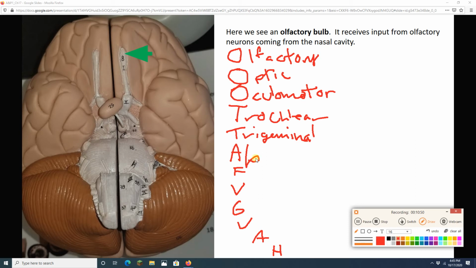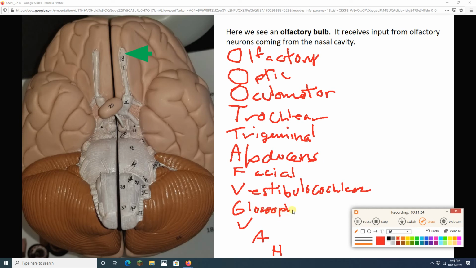Then we got the abducens nerve, which is a motor nerve involved in eye movement. And then we got the facial nerve, which is going to have sensory information, especially your sensation of taste from your tongue, for example, plus also movement of facial muscles. So like think facial expressions. Then we got your vestibulocochlear nerve, which comes from your inner ear structures. So it is important for balance and hearing. And then we got the glossopharyngeal nerve, which is going to be a mixed one as well.